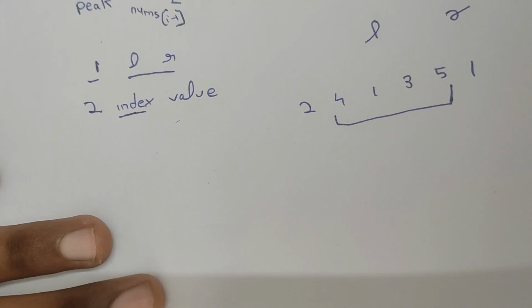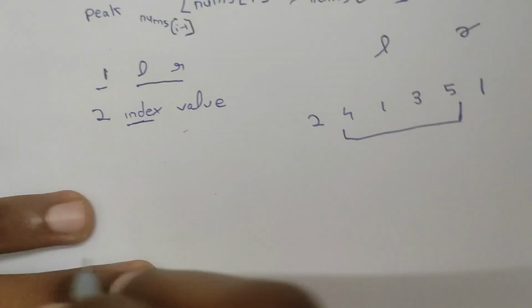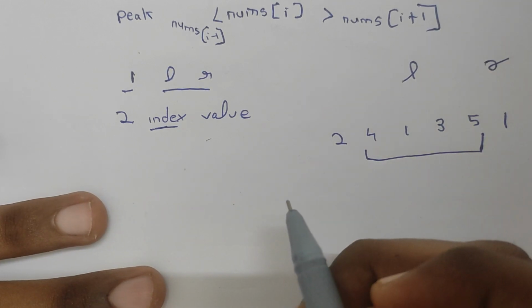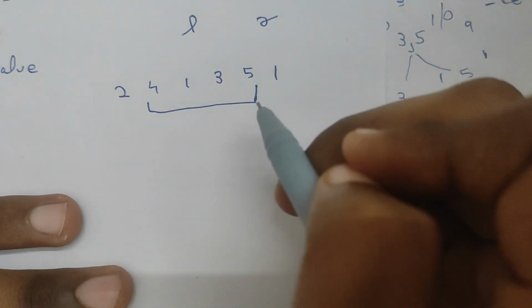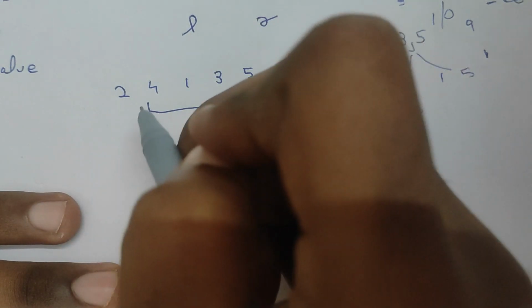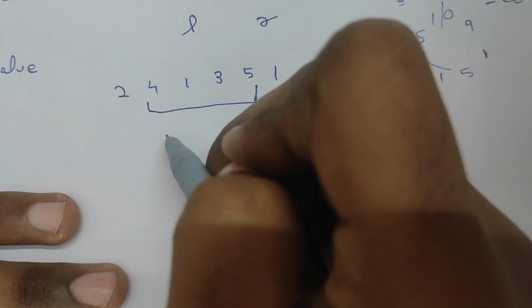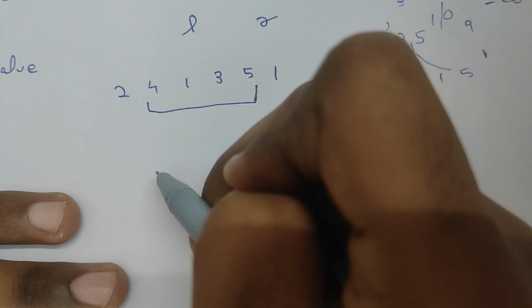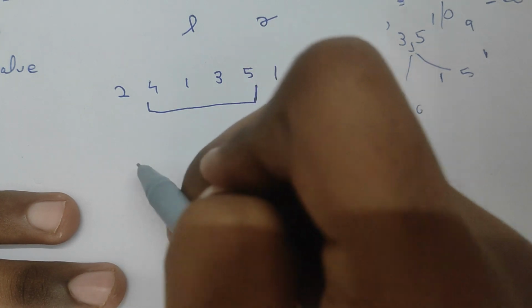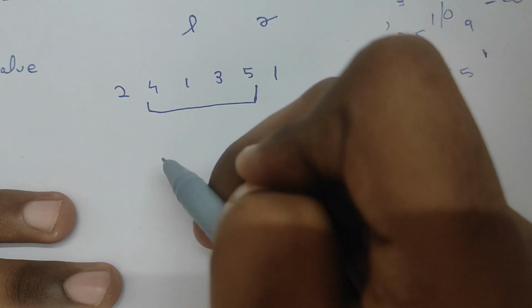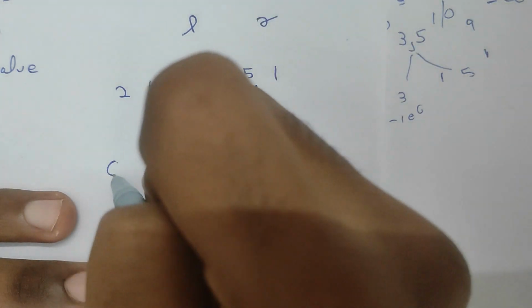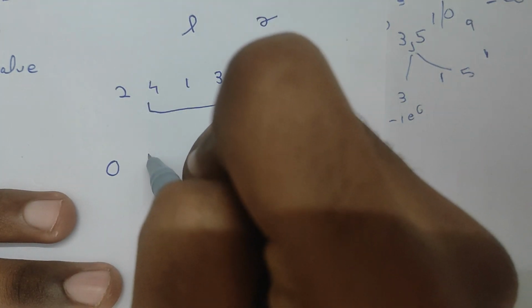So sum is the addition. What I did initially is that for the entire array, I calculated another array, and inside that array I gave 0 for not a peak and 1 for a peak. So this is not a peak, so I will give it 0. This is a peak, I will give it 1.